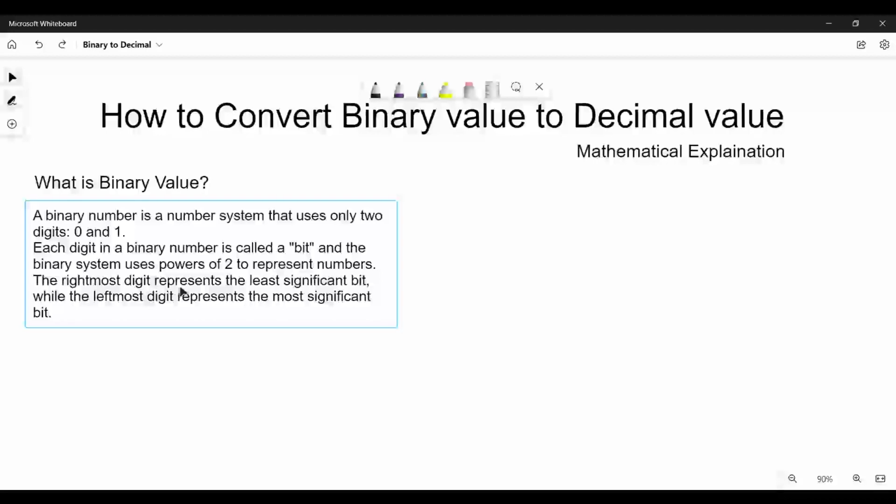The rightmost digit represents the least significant bit, while the leftmost digit represents the most significant bit. Now, what does this significance mean? It basically means that the rightmost digit has the lowest value in terms of converting it to a decimal value, and the leftmost digit has the highest power of 2. I'll write that down to explain it much better.